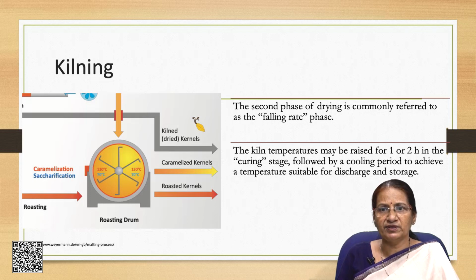At the end of the drying process, the kiln temperatures may be raised for 1 to 2 hours in the curing stage, followed by a cooling period to achieve a temperature suitable for discharge and storage.